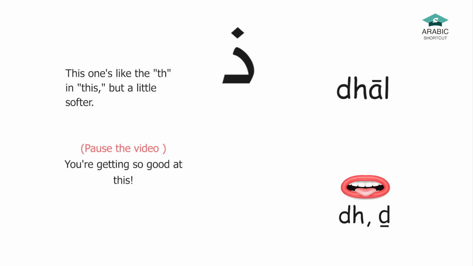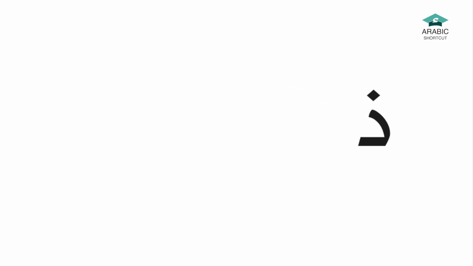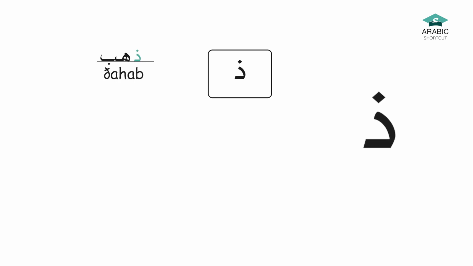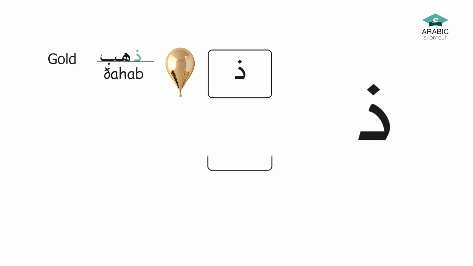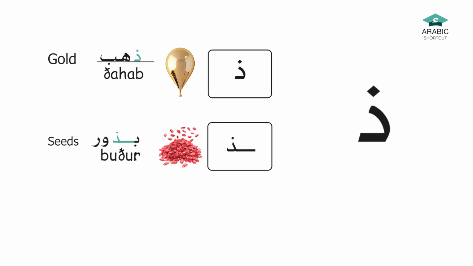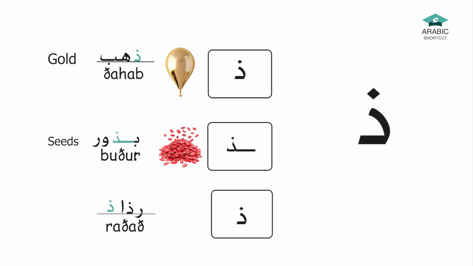Dhal, wonderful. ذهب means gold. بذور means seeds. رذاذ means spray.